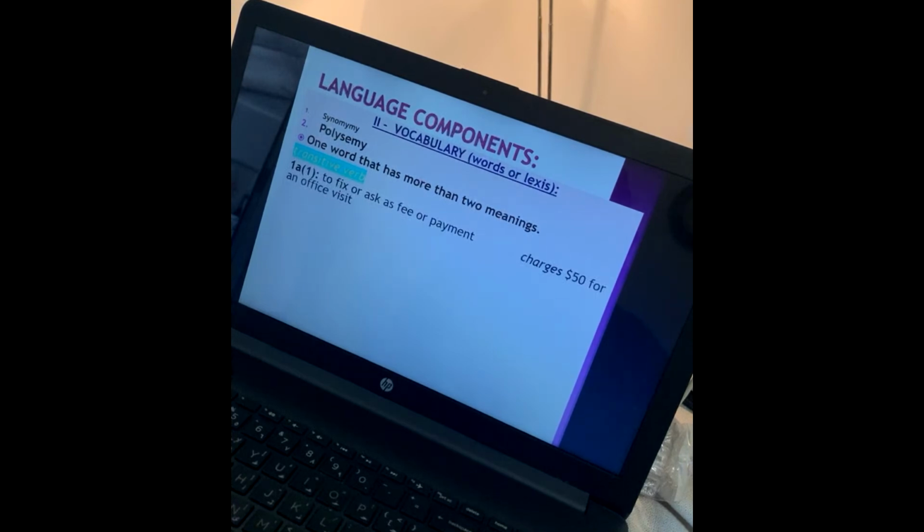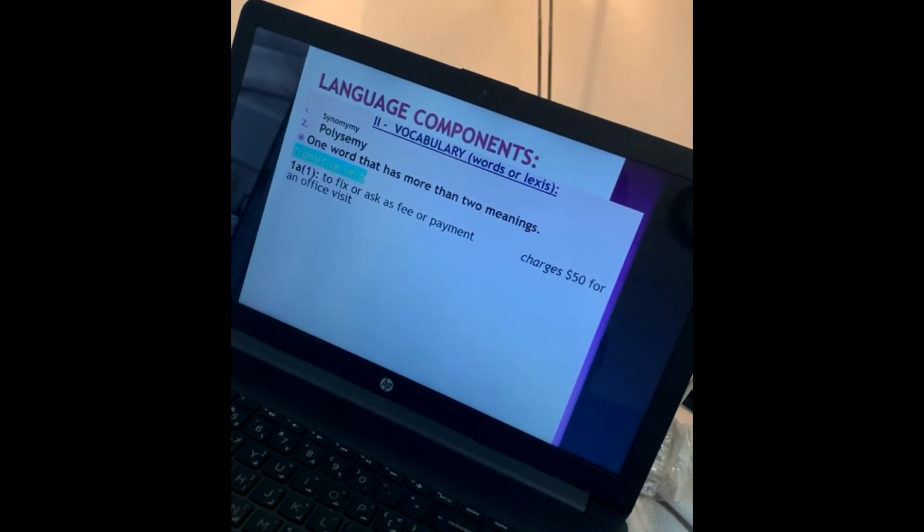Transitive verb، يعني to fix مثلا, for example, to fix or ask a fee or payment, charges £50 or dollars for an official visit. Charges for an official visit.